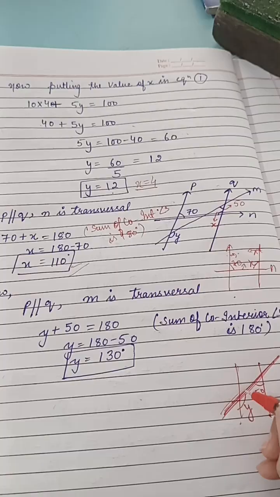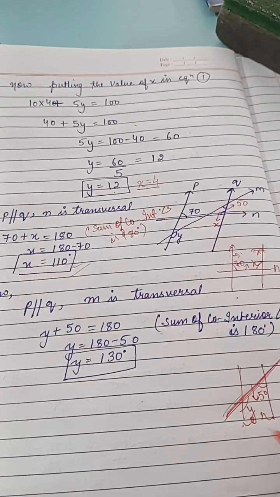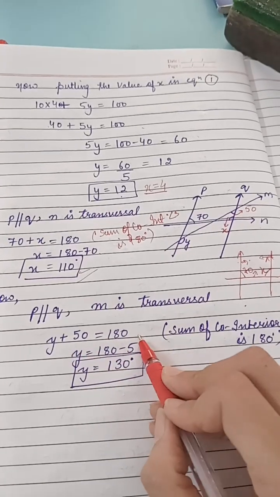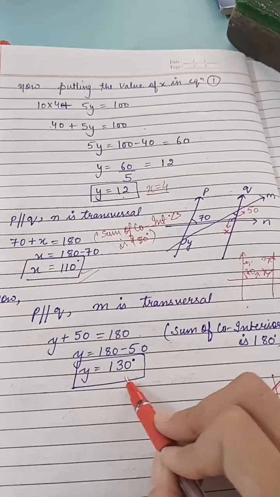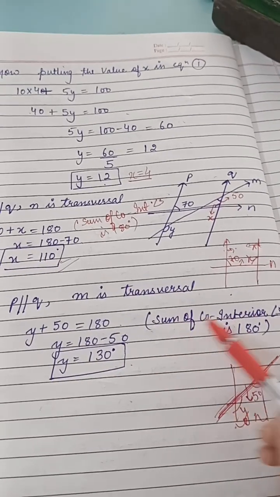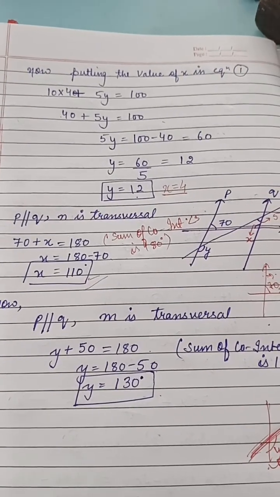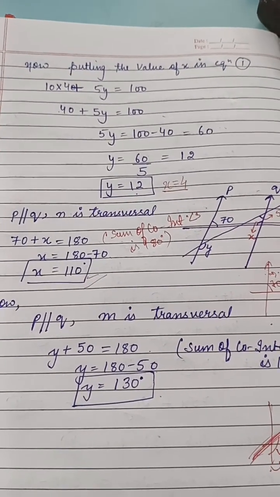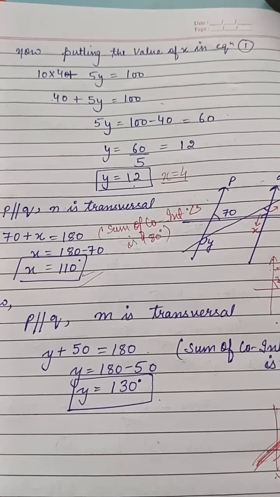Correct? Again they are on the same side of transversal and interior of parallel lines. Y plus 50 equals to 180, y equals to 180 minus 50, and y equals to 130 degree. Okay, and the reason is again sum of co-interior angles is 180 degree. Got it, everyone? I hope you understand this question and all the other questions we have covered in this video.